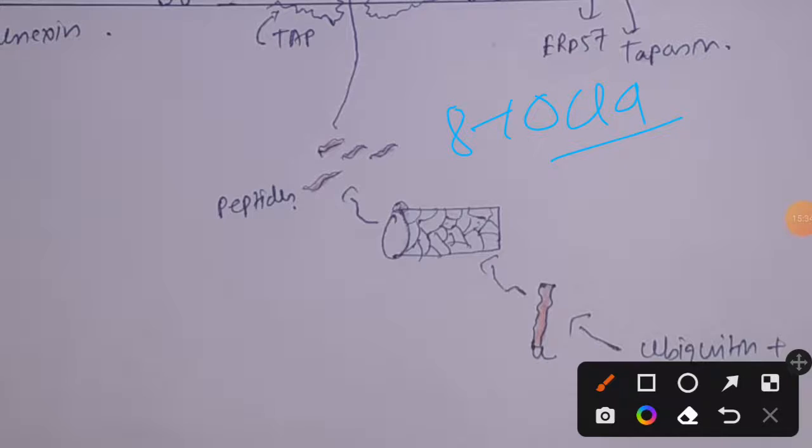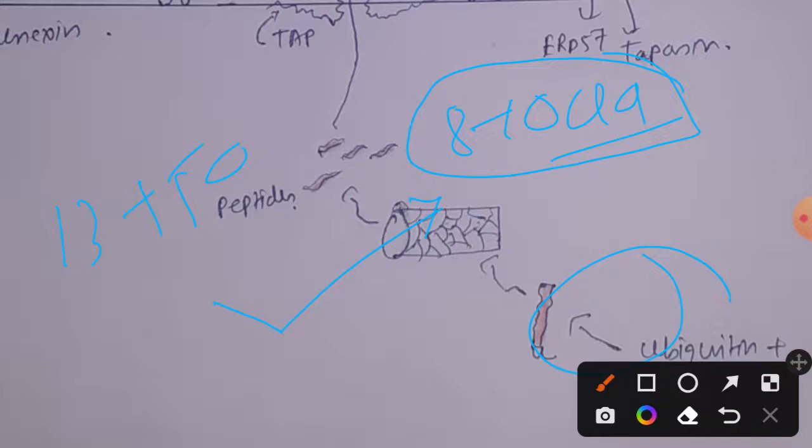Okay, so now remember one thing: in most cases the proteasome tries to convert the endogenous antigen into peptides containing 8 to 10 amino acids, but in some cases it produces peptides that are a little bit longer, 13 to 15 amino acids or 20 amino acids long.